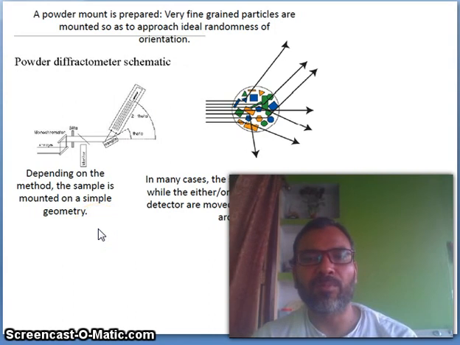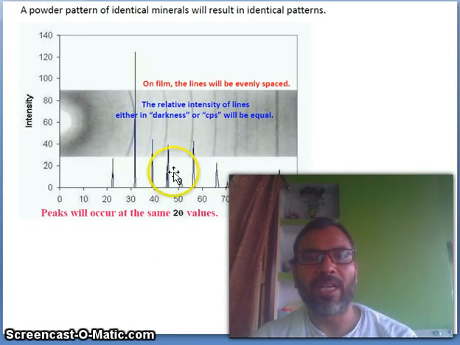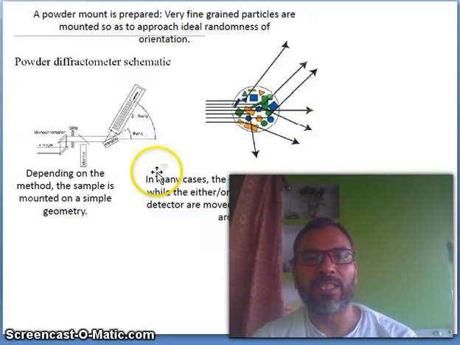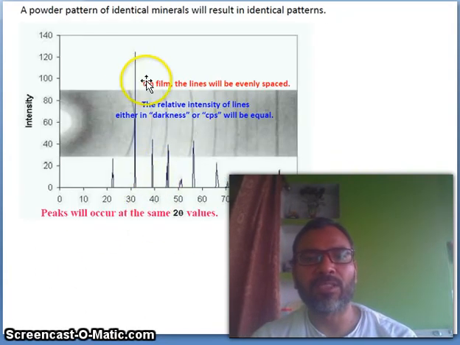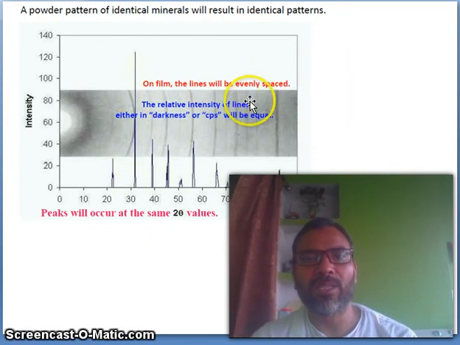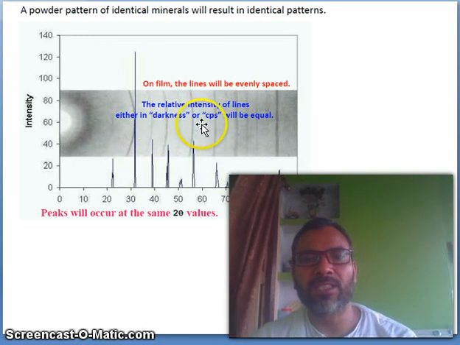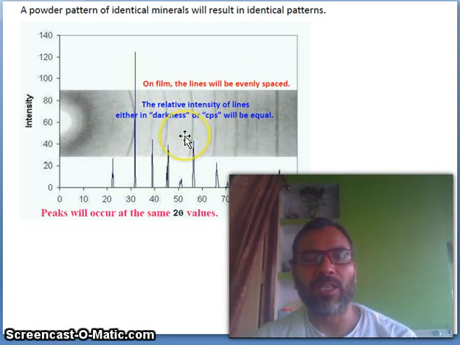In many cases, the sample is rotated while either or both the source and detector are moved continuously. So this is the pattern. You see this pattern and this pattern. Peaks will occur at the same 2 theta values, though the 2 theta values have a different scale. On film, the lines will be evenly spaced, and the relative intensity of the lines, either in darkness or counts, will be equal.